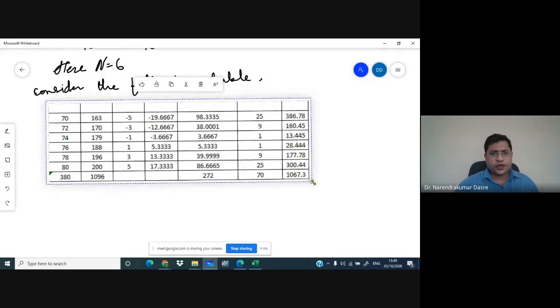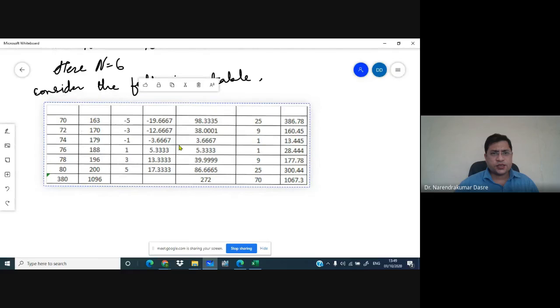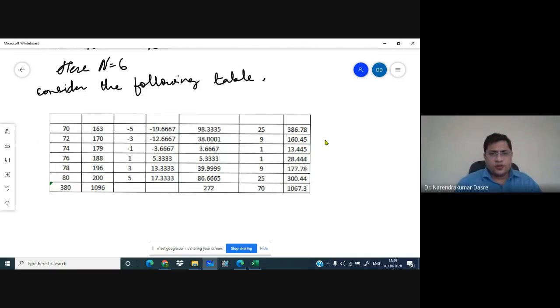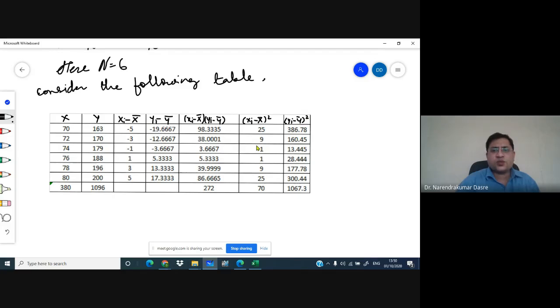Please check your entries with the table that I have calculated. Here this is x, this is y, this is x minus x bar, y minus y bar, this is xi minus x bar into yi minus y bar, this is xi minus x bar squared, and this is yi minus y bar squared.